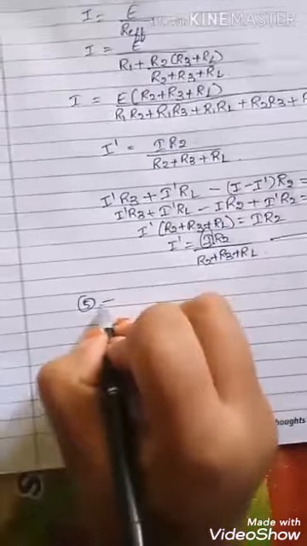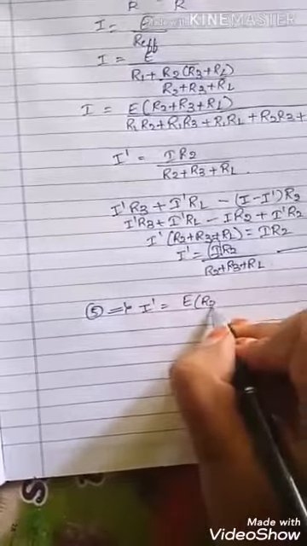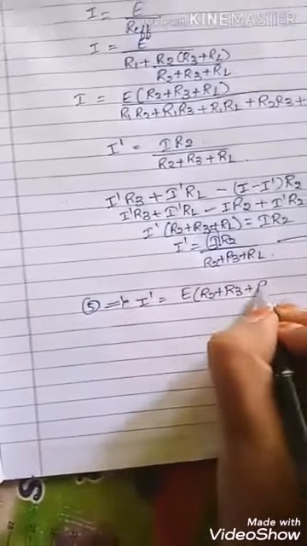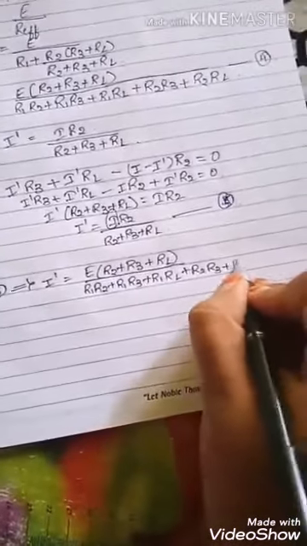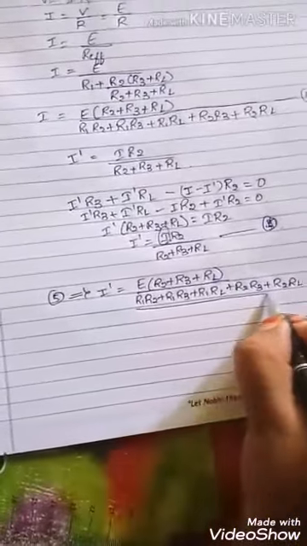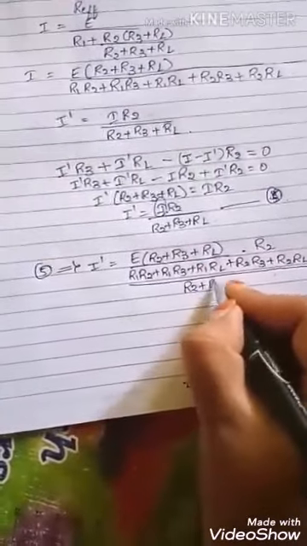So equation 5 becomes I dash equal to E into R2 plus R3 plus RL divided by R1 R2 plus R1 R3 plus R1 RL plus R2 R3 plus R2 RL, whole divided by, we'll have into R2 here, because this is R2 here, divided by R2 plus R3 plus RL.